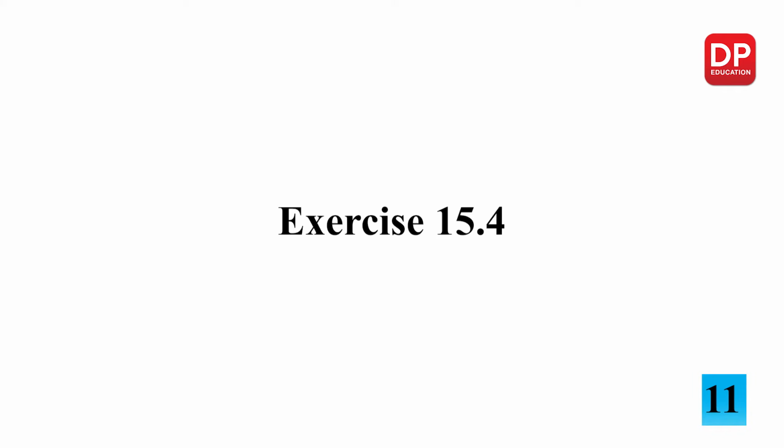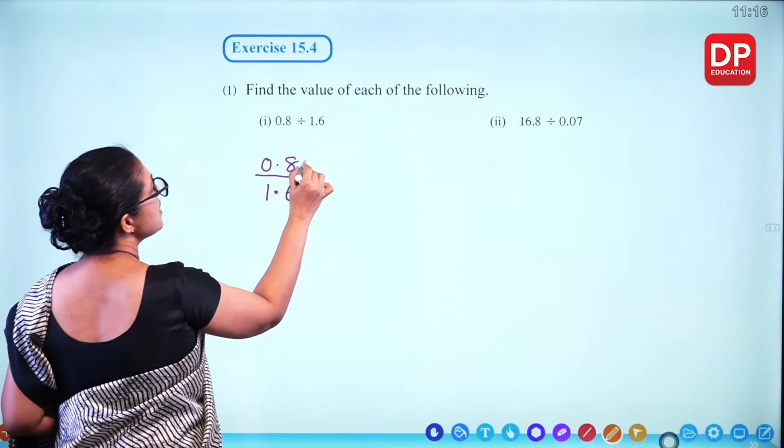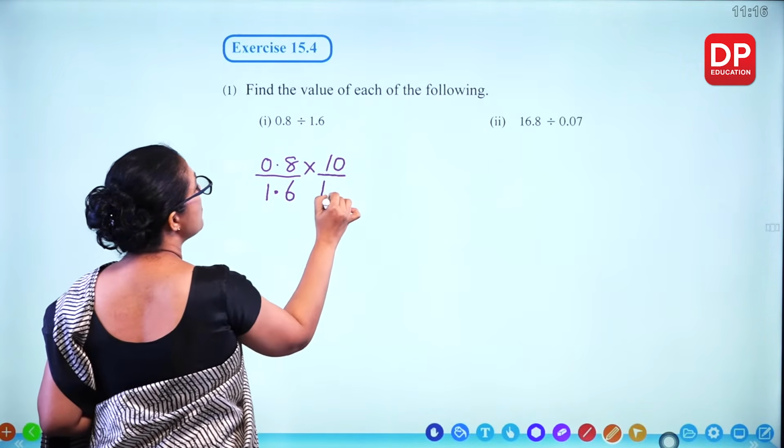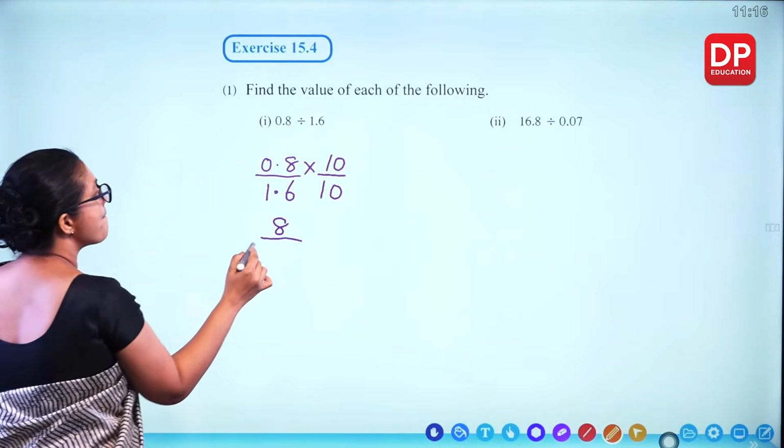Exercise 15.4. Find the value of each of the following. 0.8 divided by 1.6. Multiply both the numerator and the denominator by 10. You get 8 over 16.